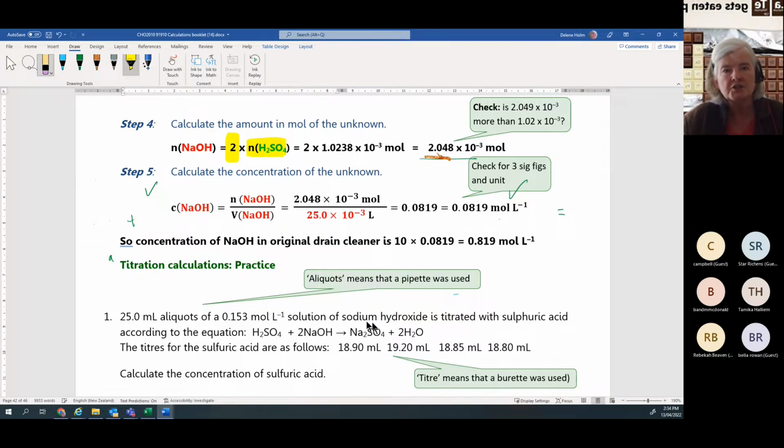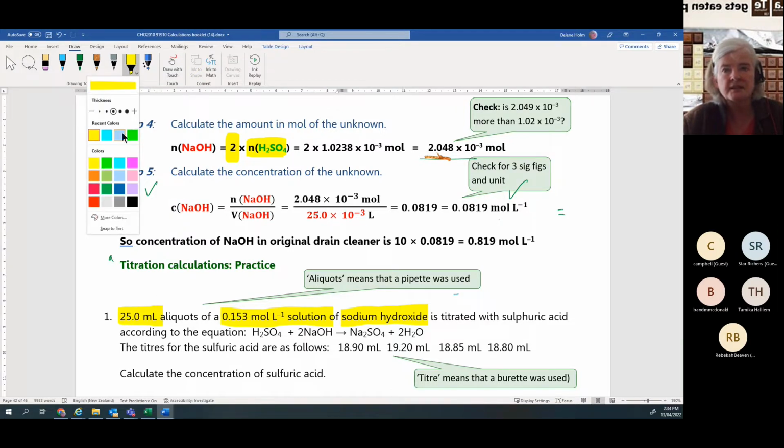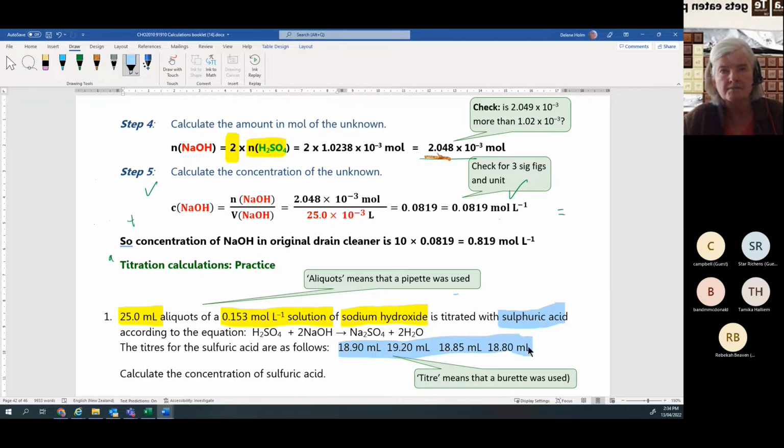Can you see what you've got here? You've got sodium hydroxide. What are all the values related to sodium hydroxide? That is related and that is related. What is my other substance? My other substance is sulfuric acid. And the only thing I've got for sulfuric acid is a volume over here.